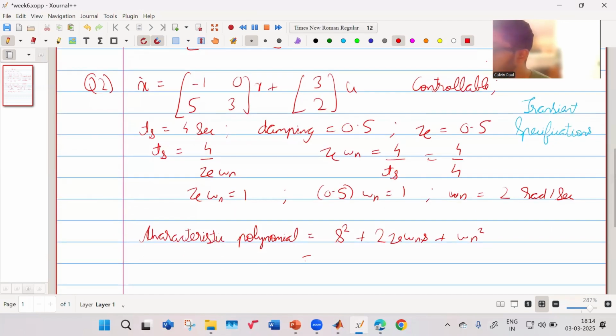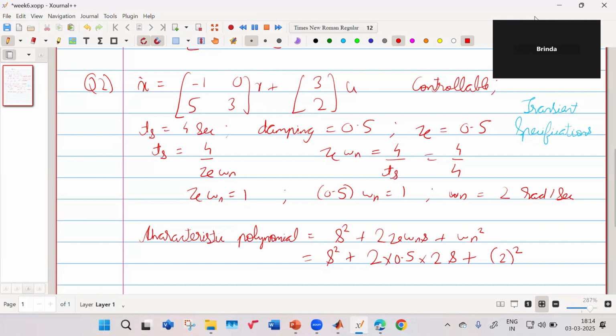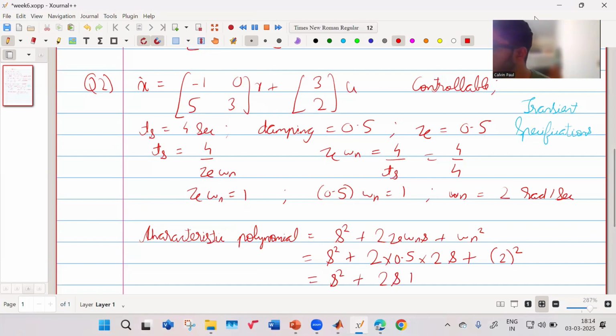So that should be s square plus 2 into 0.5 into 2 s plus 2 square. Right. So that comes out to be s square plus 2s plus 4.